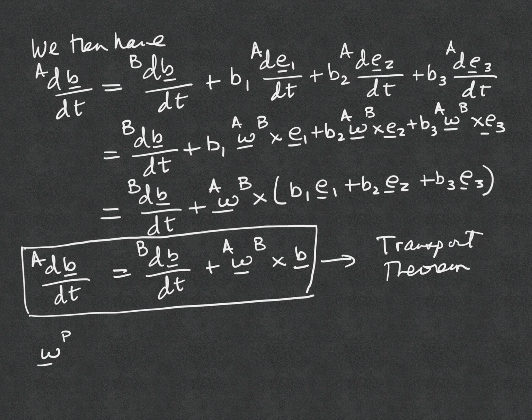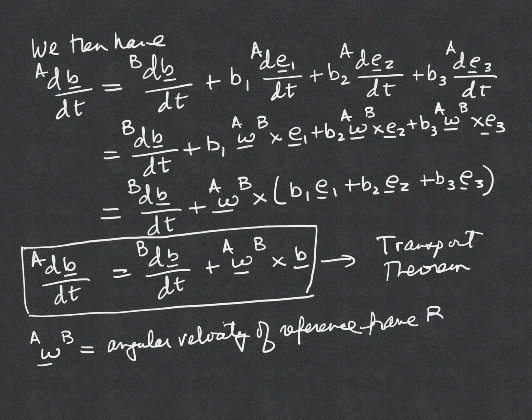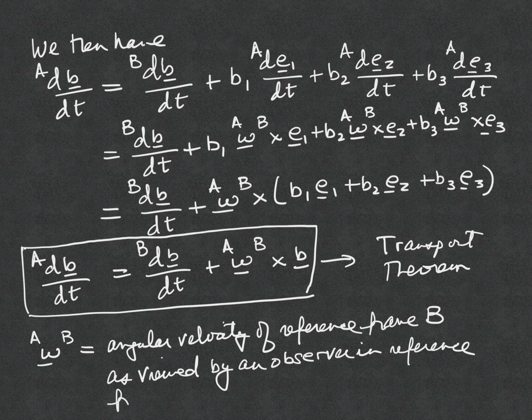Omega BA is what's called the angular velocity of reference frame B as viewed by an observer in reference frame A. And it's what connects the two frames.